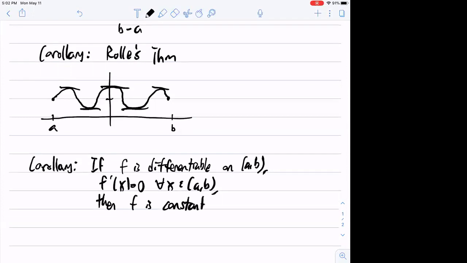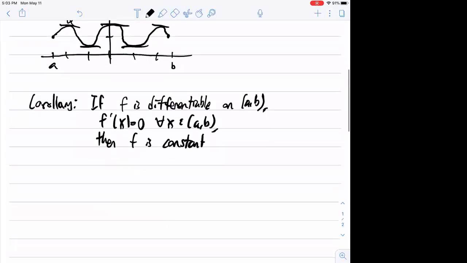Note it's not true for a point; you need it on an interval. Here, it's 0 at these points, but it's clearly not constant. To be constant, you need to be 0 on a whole interval.